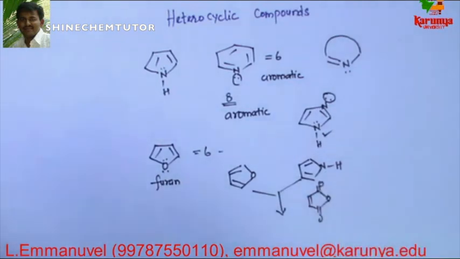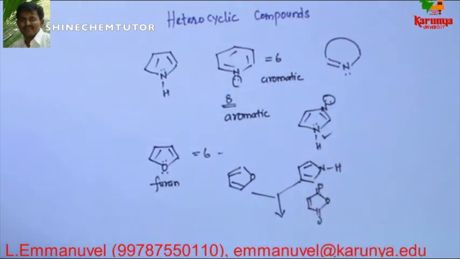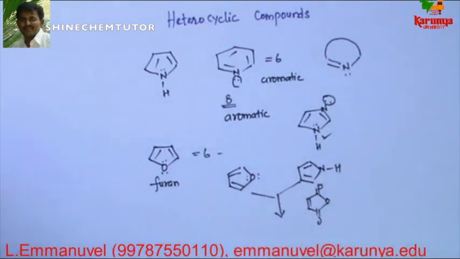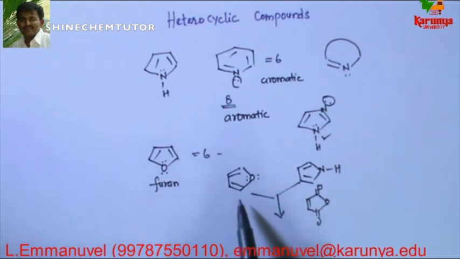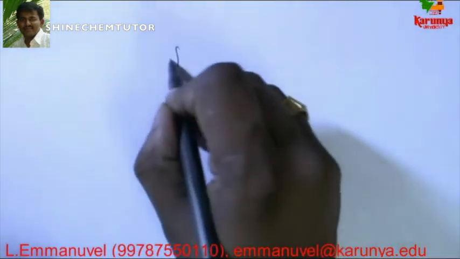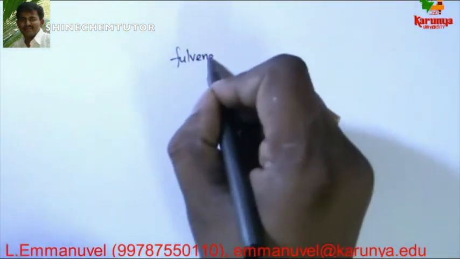But pyrrole will not give it. What is the reason? Both are aromatic. So when it undergoes the Diels-Alder reaction, this aromatic compound becomes non-aromatic. Then, what is the driving force for this reaction? Why does it take place? On the other hand, pyrrole doesn't react. What is the reason?